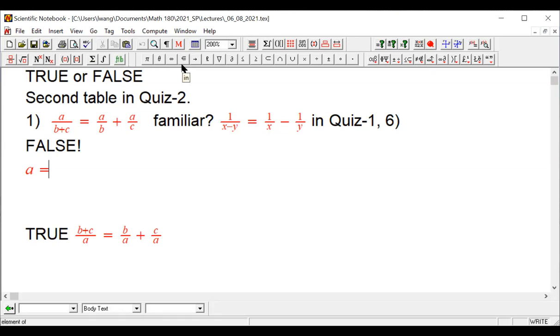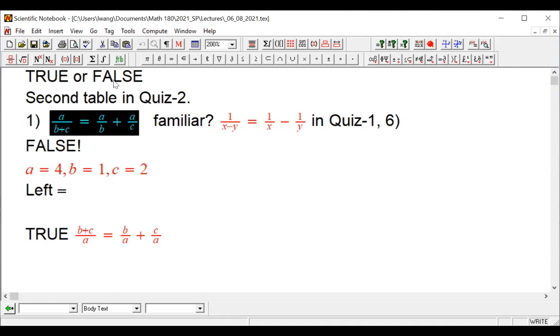I'm going to choose A equals 4, really it doesn't matter, B equals 1, C equals 2, just random numbers.